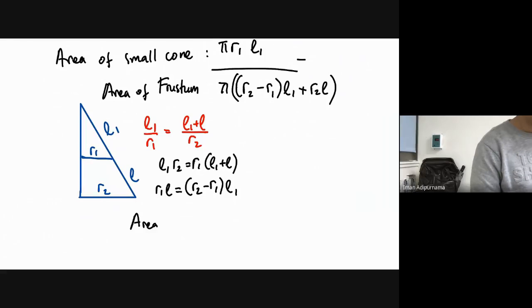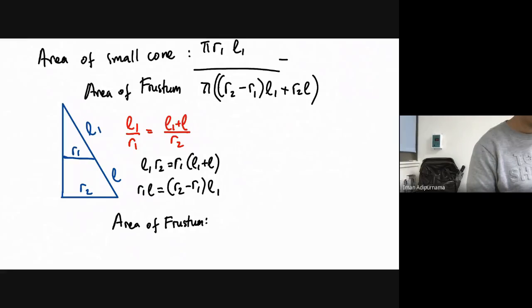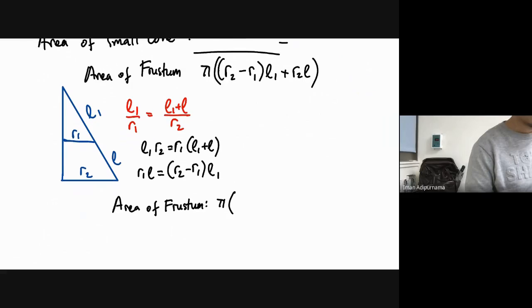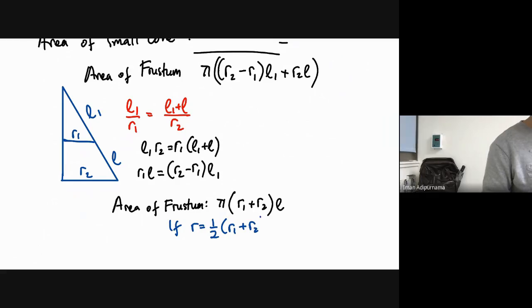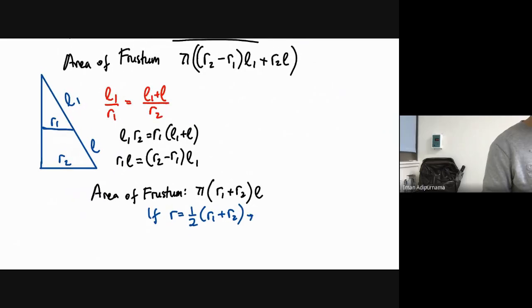So the area of the frustum becomes pi. If R is half, this is the average radius, so A becomes 2 pi RL.